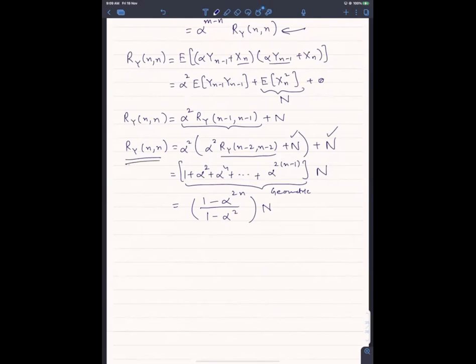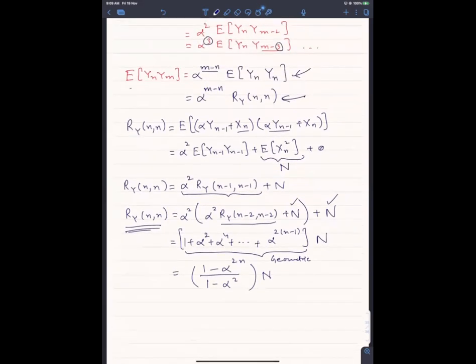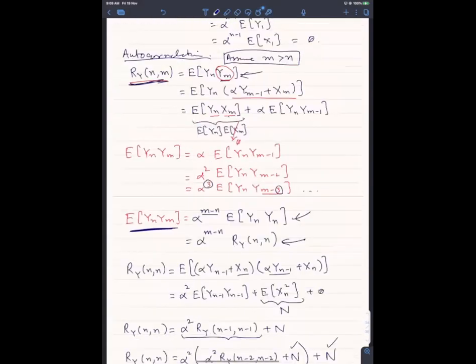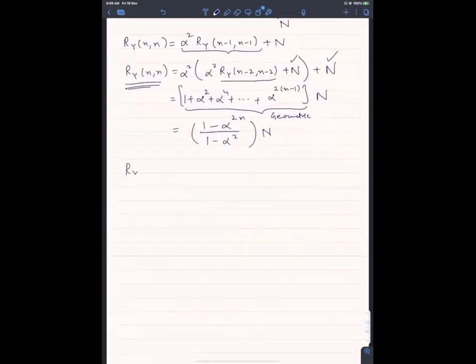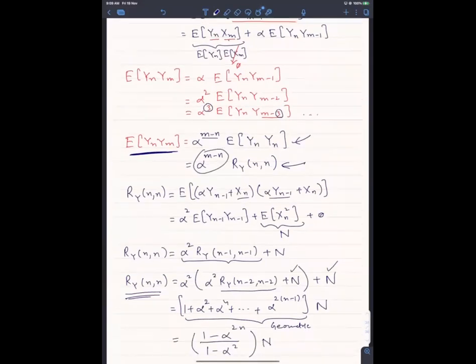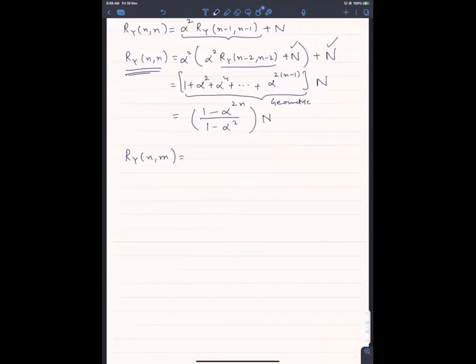So this is r_Y(n, n) just now, but the expected value of Y_n Y_m, which was r_Y(n, m), would be equal to alpha power m minus n multiplied by, into 1 minus alpha power 2n over 1 minus alpha square.